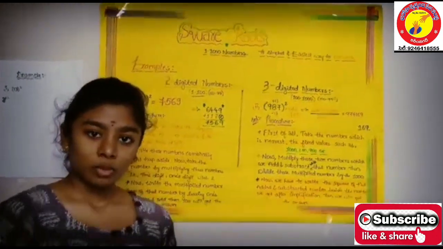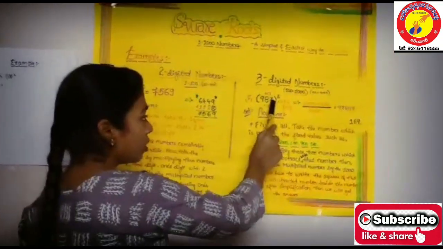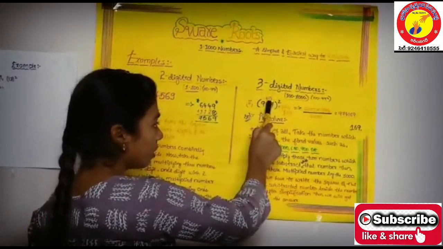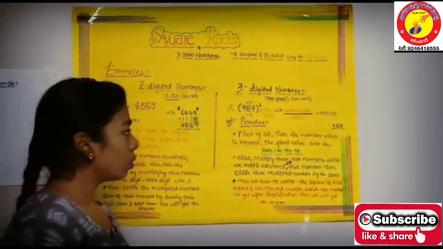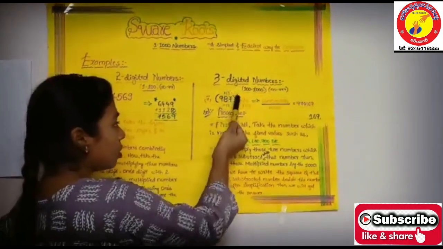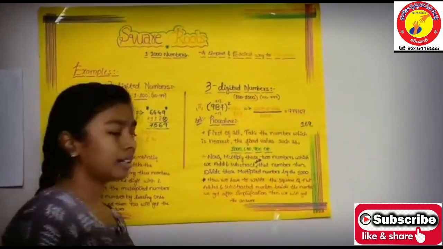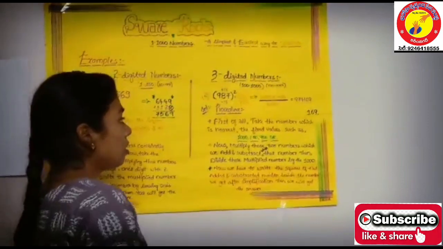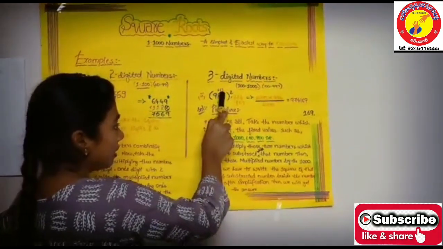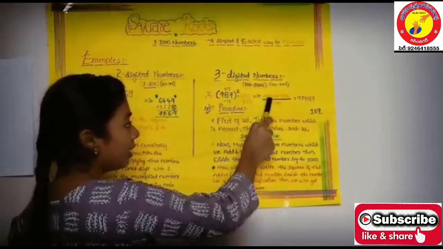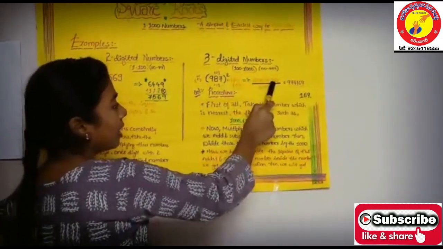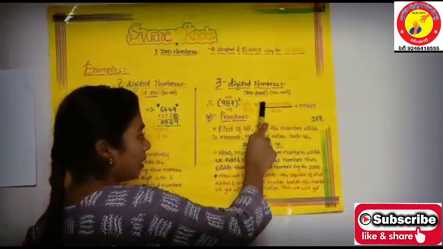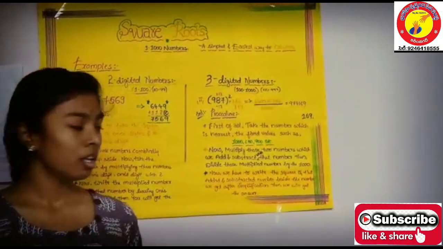So to achieve 1000, we should add 13 to 987 to get 1000. So as we add 13, we should also subtract the 13 from that number. If we subtract 13 from 987, we get 974. We should write like this by multiplication.